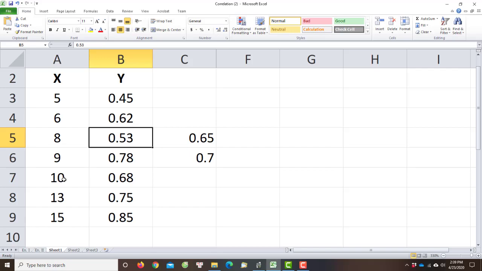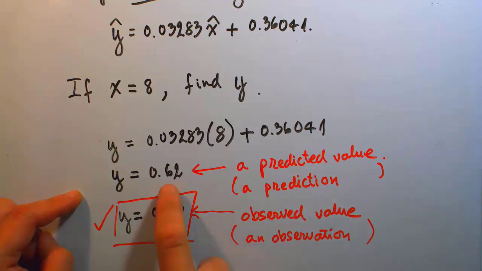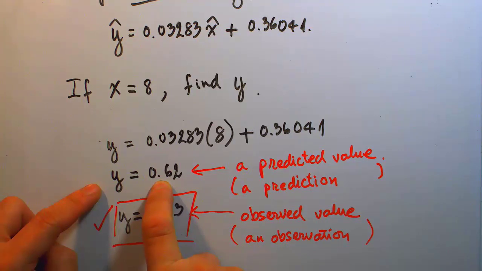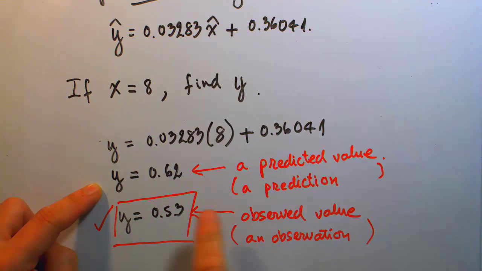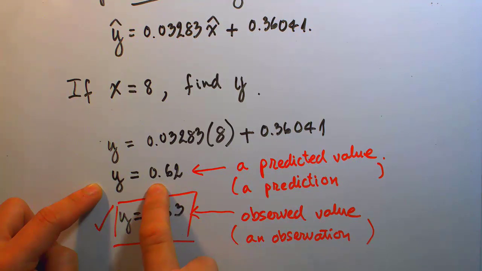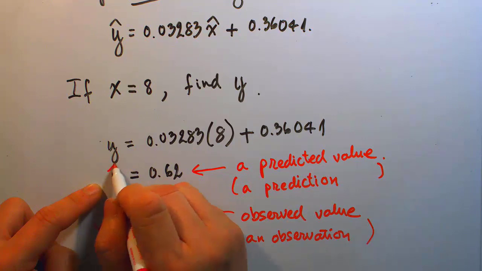But anytime we come up with a value through the calculation using the equations, that value permanently, like I said, remains a predicted value. So here we have to put hats to indicate their purpose.